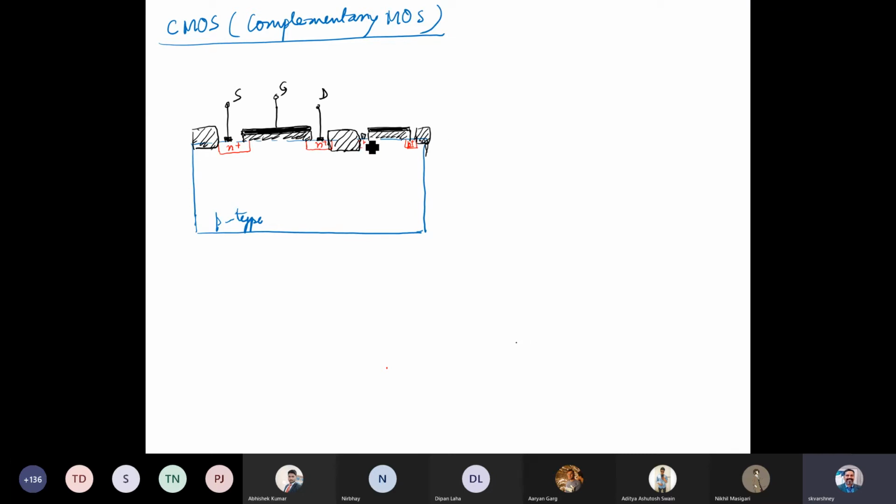And on this again you have the drain, gate, and source.